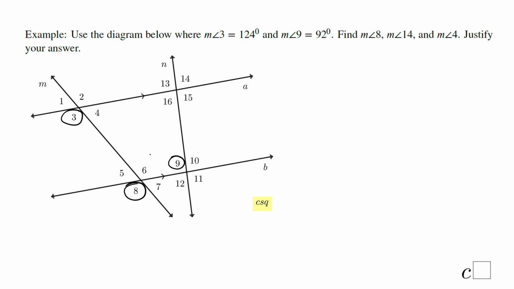So if we look at this guy, which one can we go with? By the way, you notice the lines A and B are parallel. So in this moment, if I want to find the measure of angle 8, I don't really need this one here.